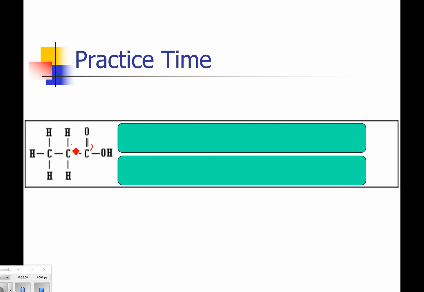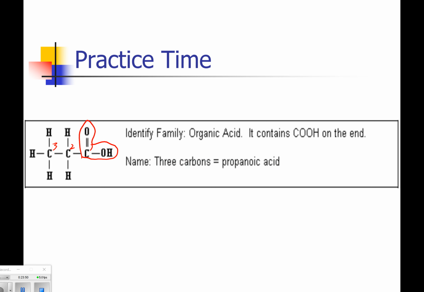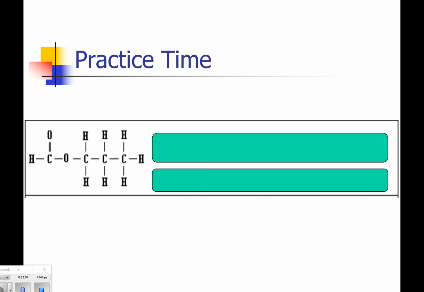We have 1, 2, 3 carbons, so this is a prop chain. They're all single bonds, so this is propane. And we have a carboxyl group on the end. So this is an organic acid because of the carboxyl group, and it would be propanoic acid, getting the ending of ic acid.